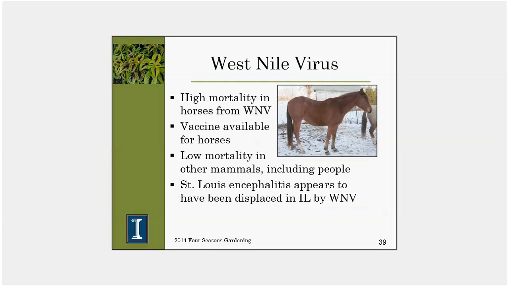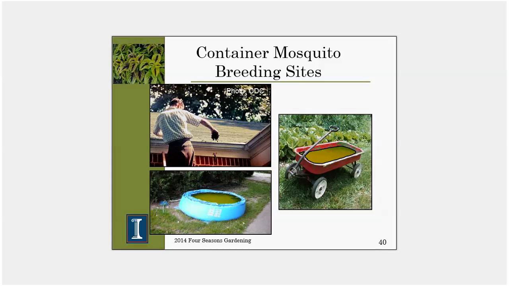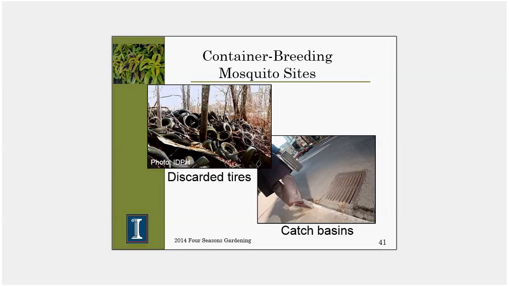So we try to control northern house mosquito by controlling some of these container breeding sites. Apparently, essentially, if it turns green, it's good water for northern house mosquito to breed in. Container breeding mosquitoes: discarded tires, catch basins.